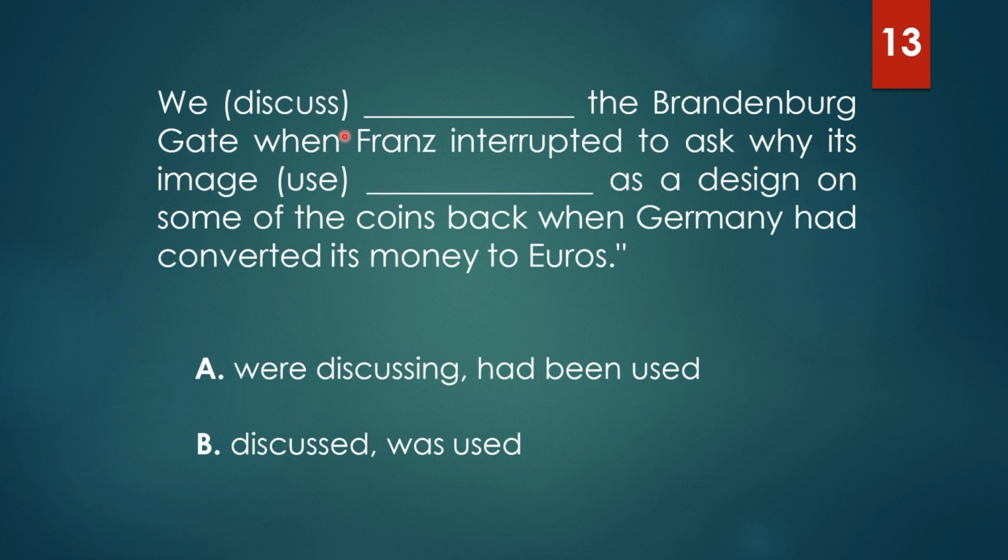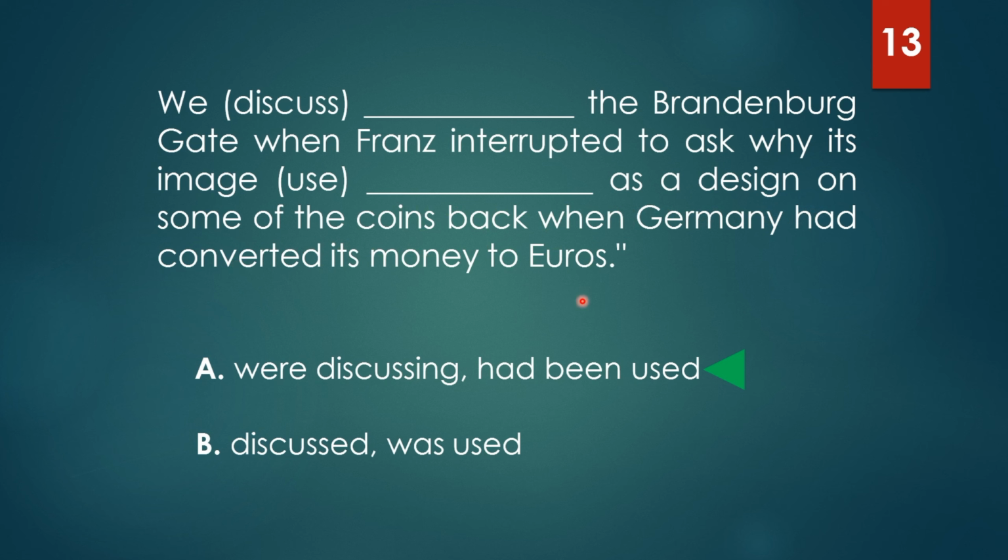Thirteen. The action is discussing, and because it is something in progress, we should use a progressive tense. We were discussing the Brandenburg Gate when friends interrupted to ask why its image had been used as a design of the coins back when Germany had converted its money to euros.